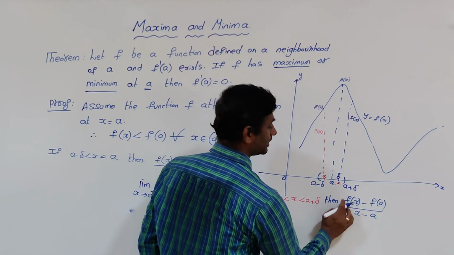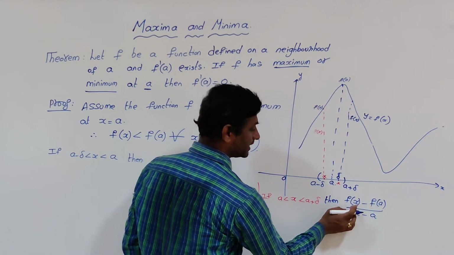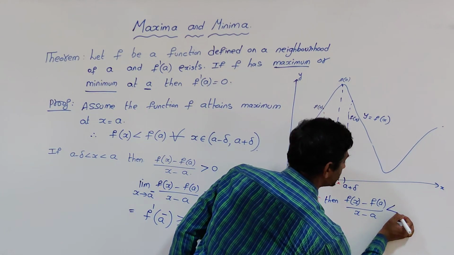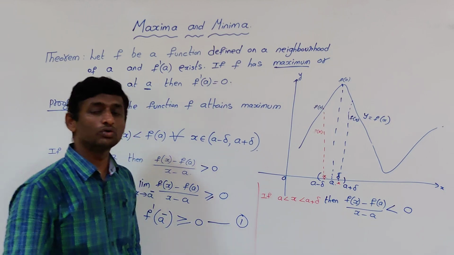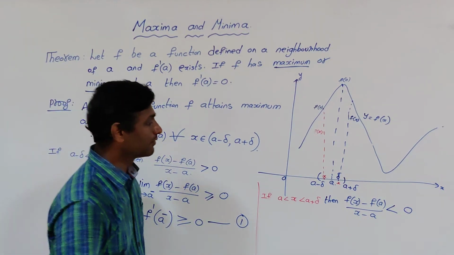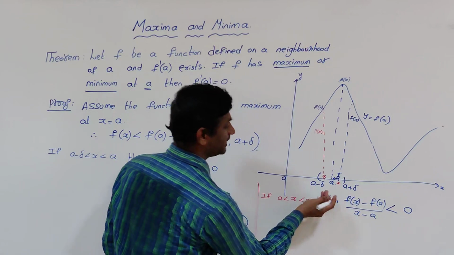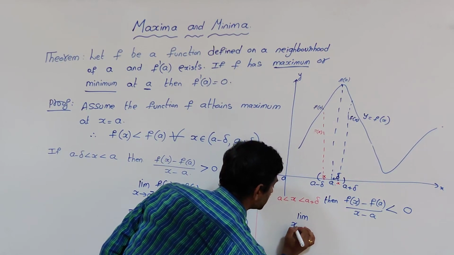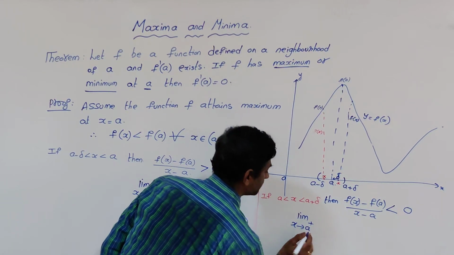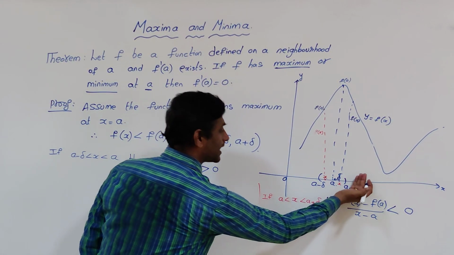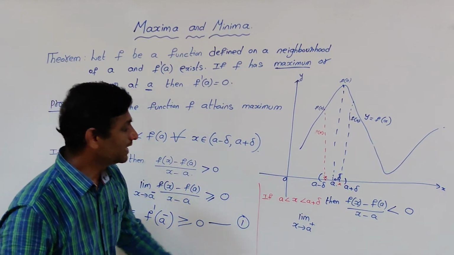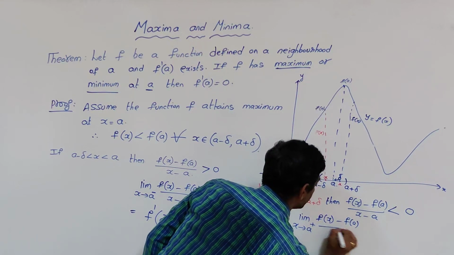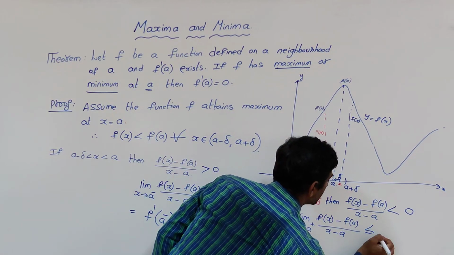So overall the difference f of x minus f of a is negative and x minus a is positive, so the ratio will be less than 0. Now x is approaching a from which side? Right side. Now we see the limit as x tends to a plus, when x is approaching a from the right side, the ratio f of x minus f of a by x minus a will be less than or equal to 0.